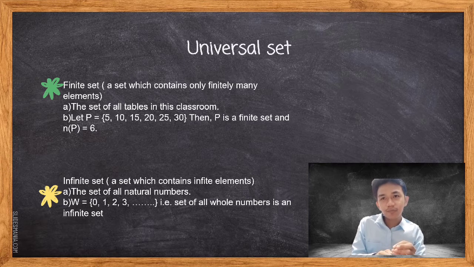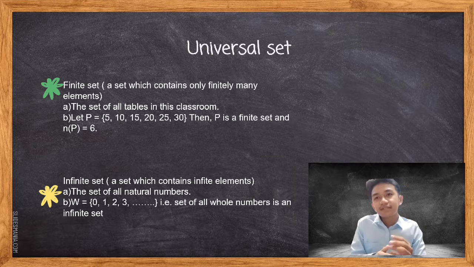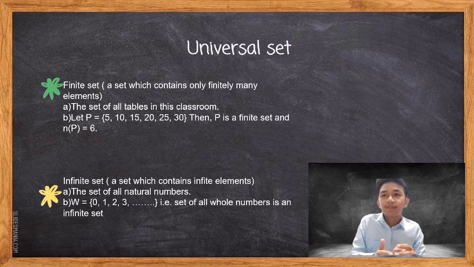A set which contains infinitely many elements. For example, the set of all natural numbers. So W equals {0, 1, 2, 3, ...}. Okay, and in this case we can see the set of all whole numbers is an infinite set.